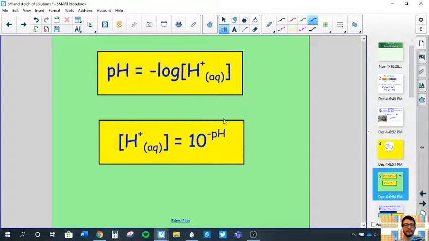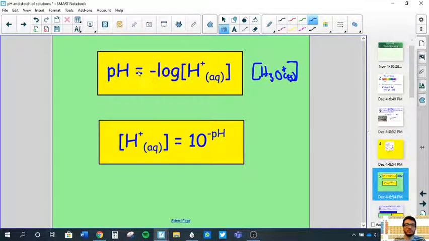Moving on. Okay, these are the formulas we're going to use. So pH is measured as the negative log of the concentration of hydrogen ions, and we know that we can replace concentration of hydrogen ions with hydronium. Right? So it's a negative logarithm, the log of the concentration of your hydrogen ions or hydronium ions.